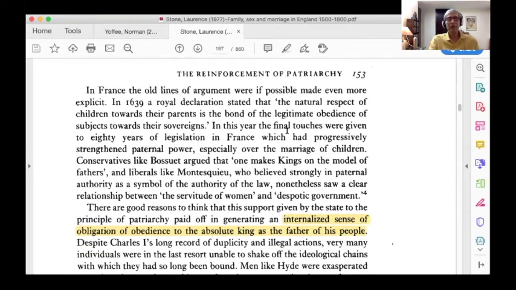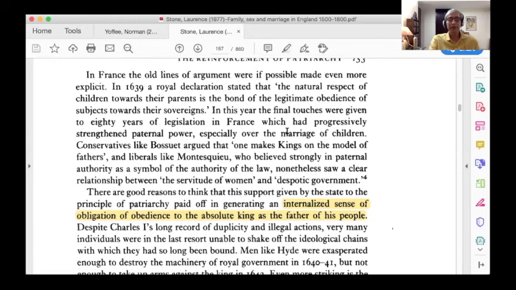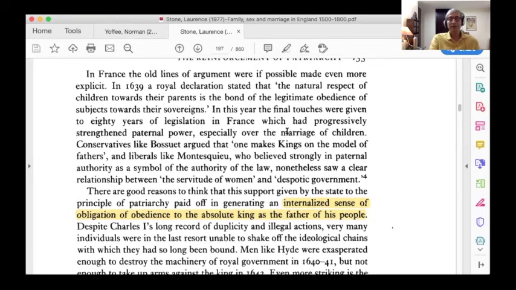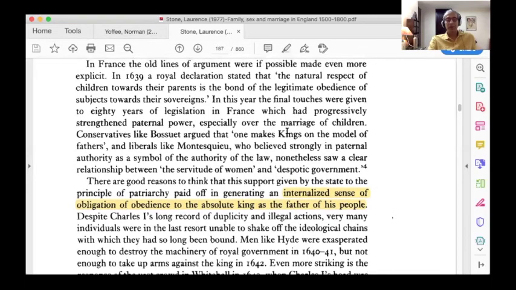In France, the old lines of argument were, if possible, made even more explicit. In 1639, a royal declaration stated, quote, "the natural respect of children towards their parents is the bond of the legitimate obedience of the subjects towards their sovereigns," end quote. Right?